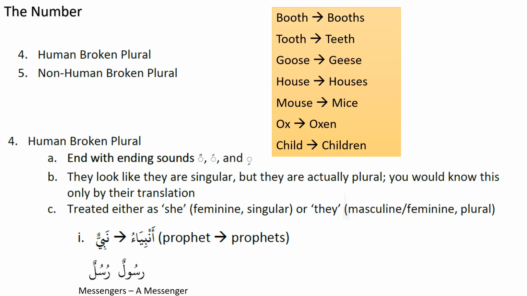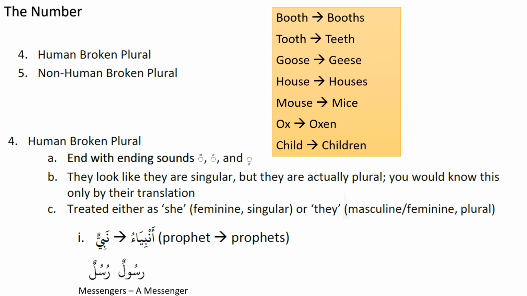Okay, so the word Rusul, if I ask you what is its gender and number, your answer should be two. It could be they, meaning plural. It is plural, obviously, and it is masculine. But it can also be considered as she, meaning the gender is feminine, and it could be singular.